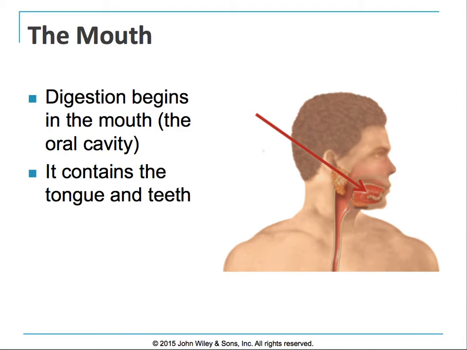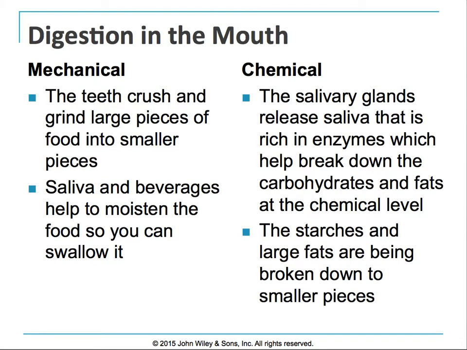The mouth. Digestion begins in the mouth, also known as the oral cavity. It contains your tongue and your teeth. Digestion in the mouth. So in the mouth, we have both kinds of digestion, mechanical and chemical.